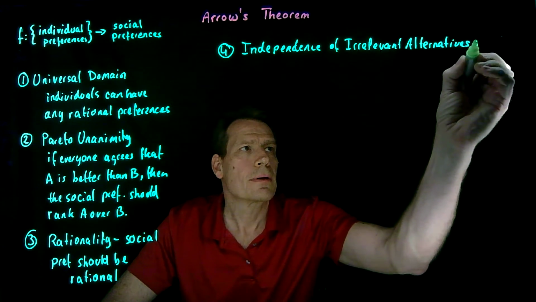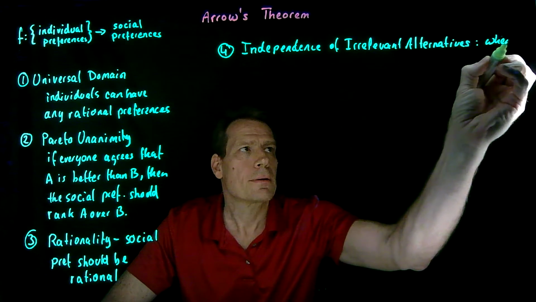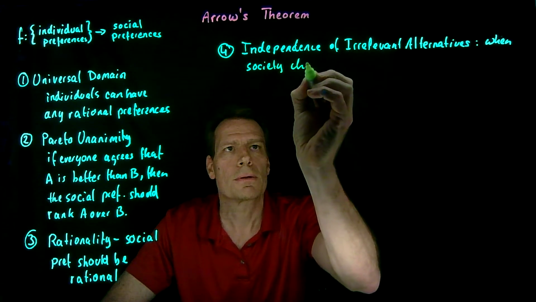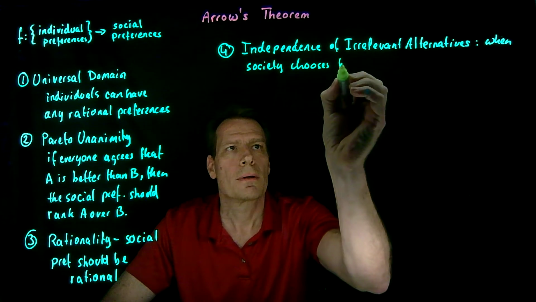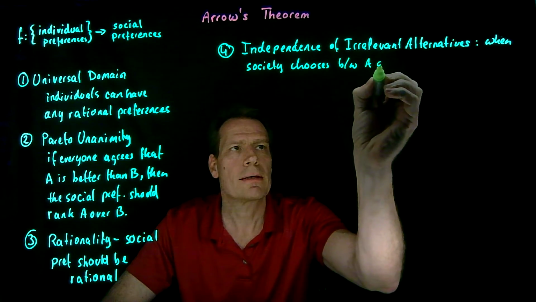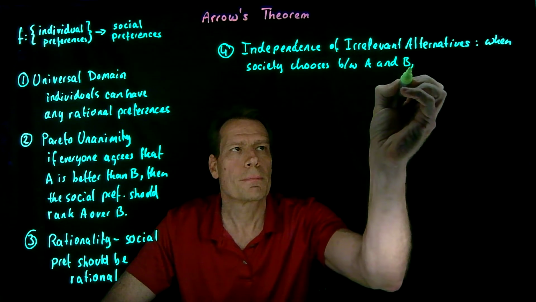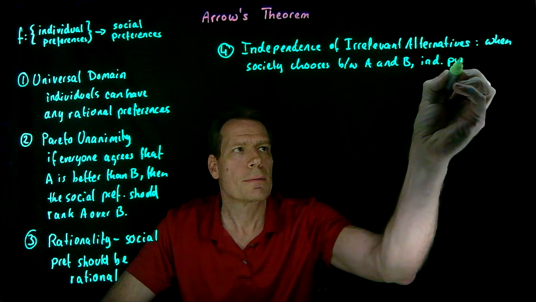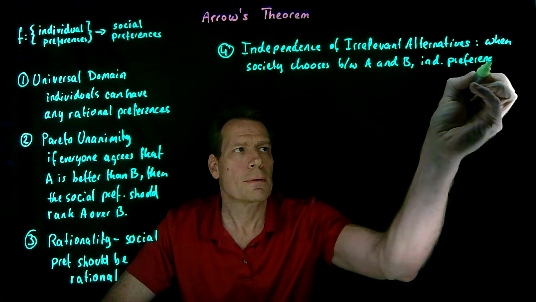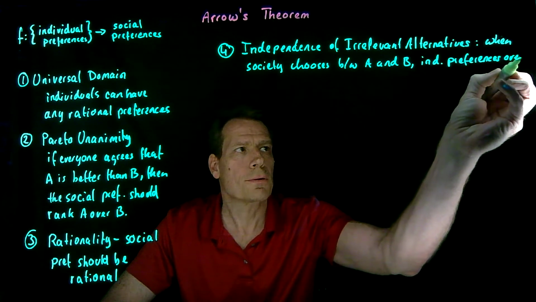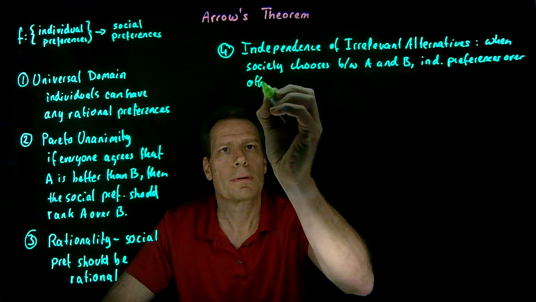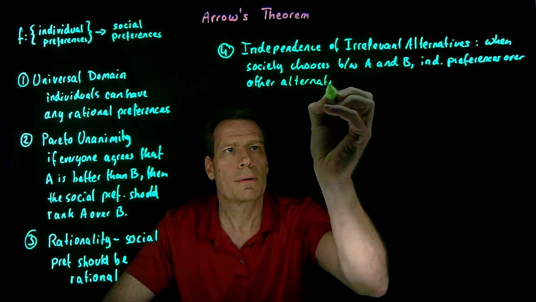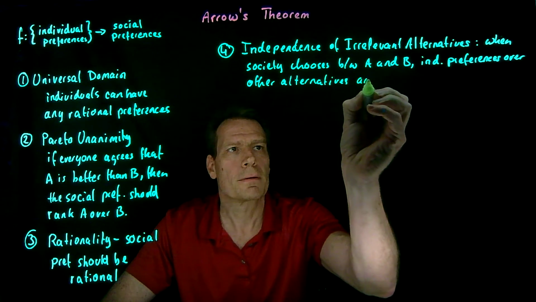So, when society chooses between a social state A and B, individual preferences over other alternatives are irrelevant.